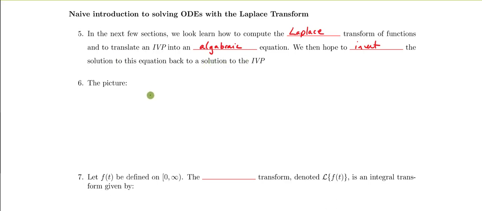So here's the idea. We've got an IVP that we want to solve, and we're trying to arrive at the solution to it. And we've learned a lot of means to try to get from that IVP to a solution. But what will happen a lot of times is we're going to get stuck.